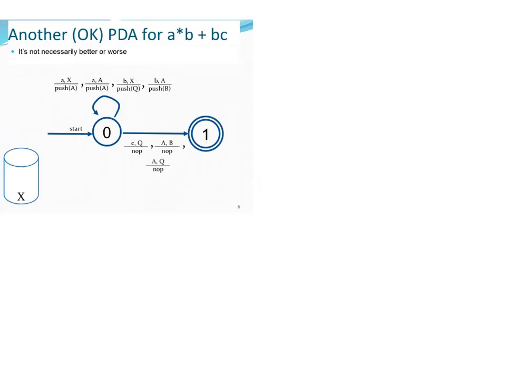Okay, so let's just try and make sure that the string BC is in the language, because we want that to be in the language, right? So we started at state 0, we have BC, and our stack starts as the empty stack, which is just the letter X. And if we look at our options here, the only one that we can take is this one, because we have a B as our letter and an X at the top of the stack.